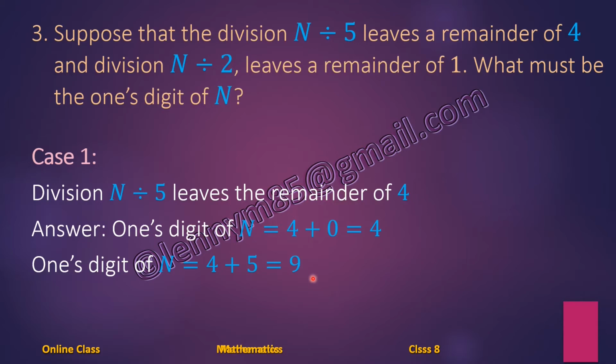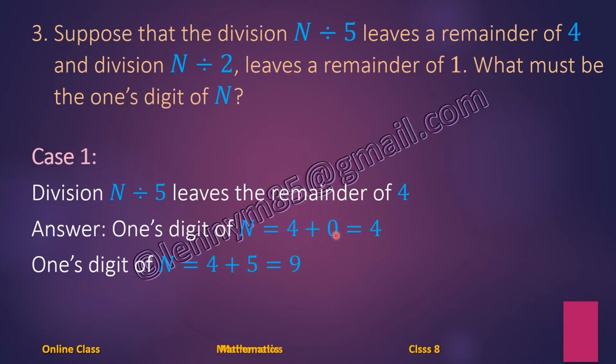Why did I write 0 and 5? Can you guess? Recall the divisibility by 5. If a number is divisible by 5, then the ones digit of n is 0 or 5.